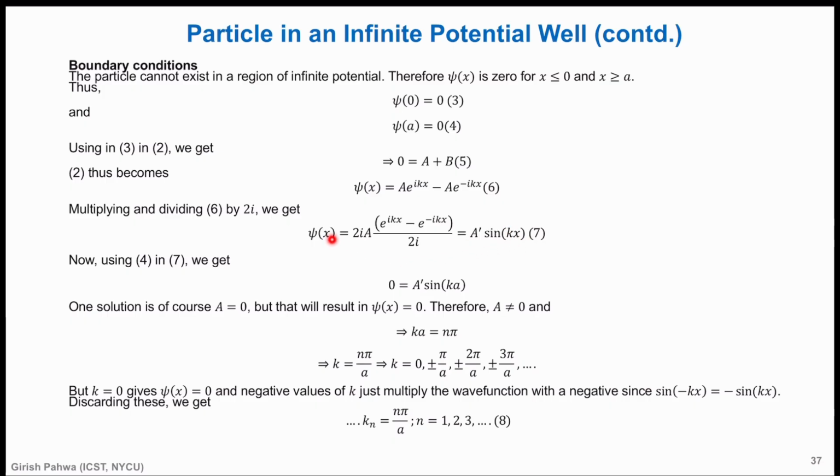Not allowed. Negative is allowed, but it does not give you any new information, so you discard that. K equal to 0, not allowed. So you start your n from 1, 2, 3, 4, and so on. N pi by a.